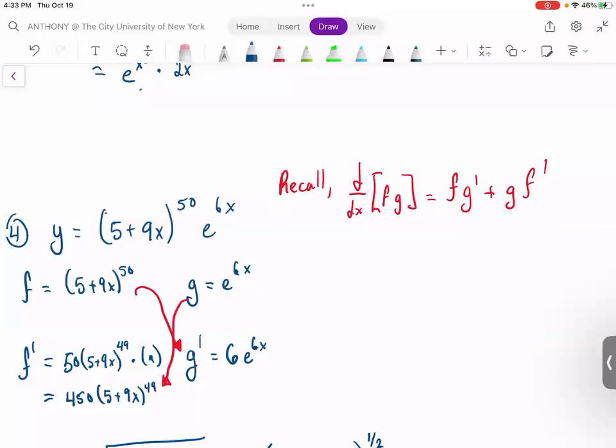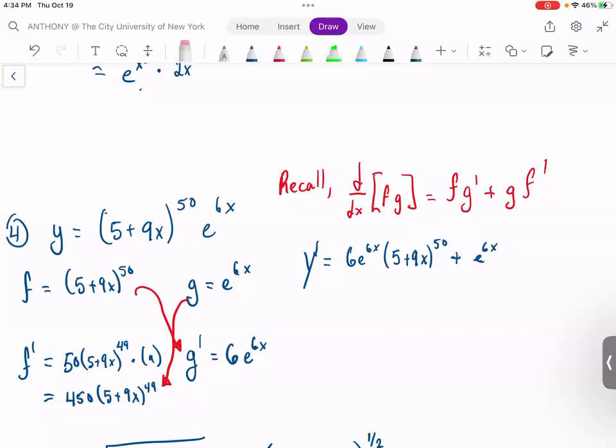This will give us that y prime is equal to f times g prime. So I'll put the 6e to the 6x first, times 5 plus 9x raised to the 50th power, plus e to the power of 6x.